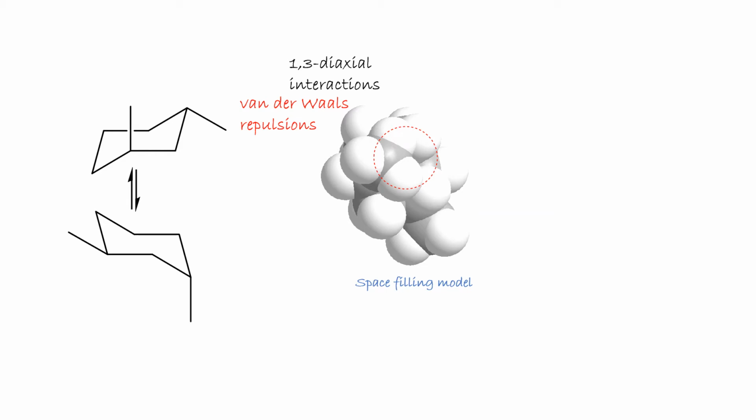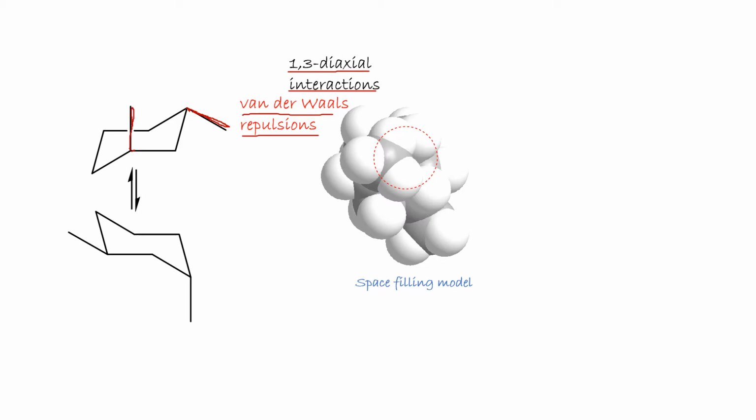To show you the 1,3 diaxial interaction or van der Waals repulsion, I chose the trans-1,3-dimethylcyclohexane, where one of the methyls should be in equatorial and the other will be in axial.